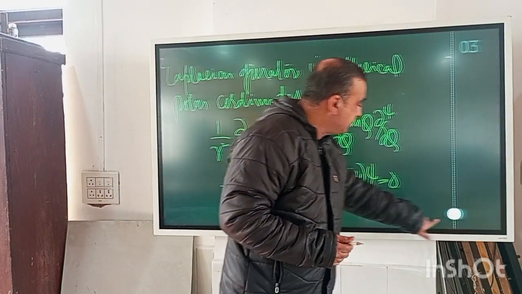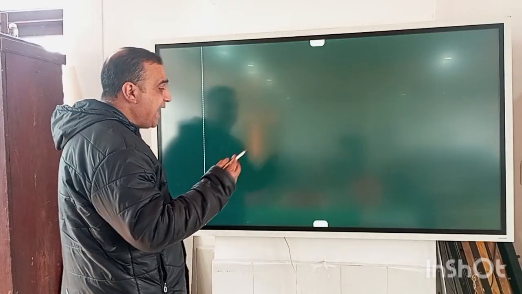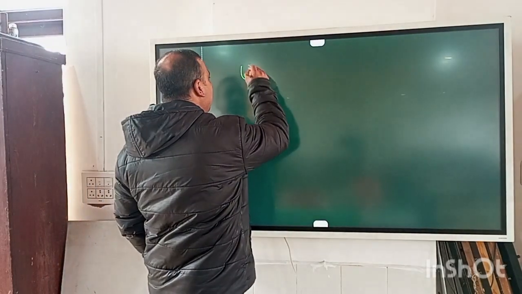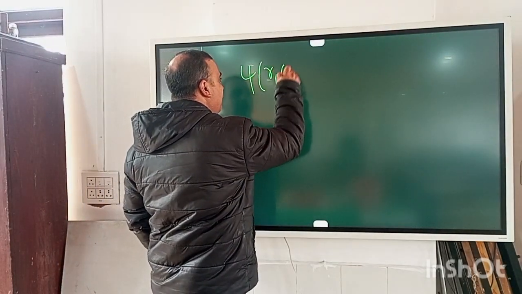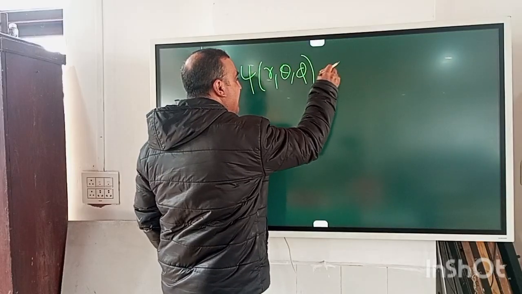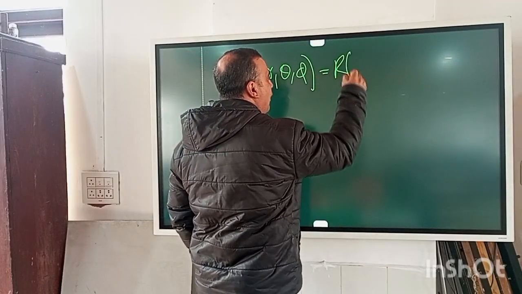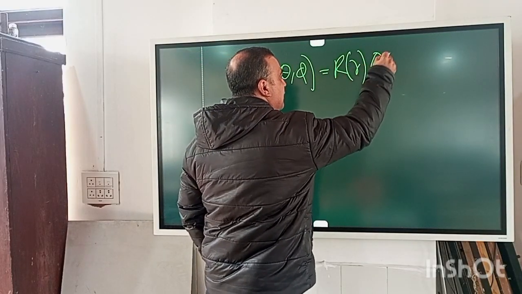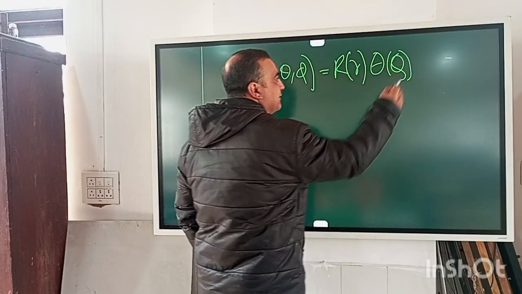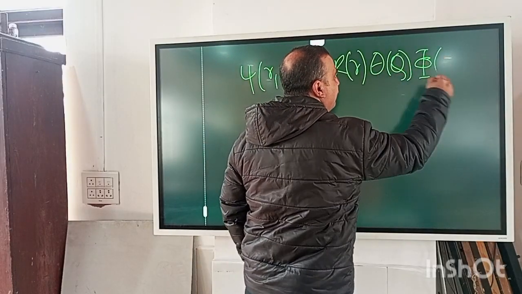For doing that, we will take psi, which is a function of r, theta, and phi, as R of r, Theta of theta, and Phi of phi.